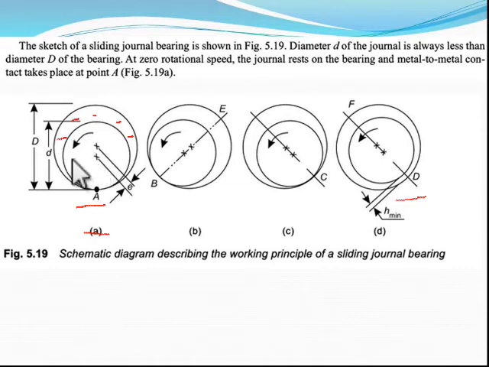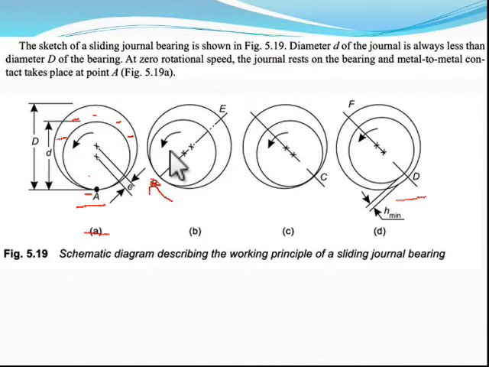Now as seen here, the journal is switched on, and when the journal starts rotating in the anti-clockwise direction, the first thing it will do is try to climb inside the sleeve. This happens mainly because there is a proper solid-solid contact between the journal and the sleeve. So because of this, the journal, whose direction of rotation is anti-clockwise, climbs up in the given direction.